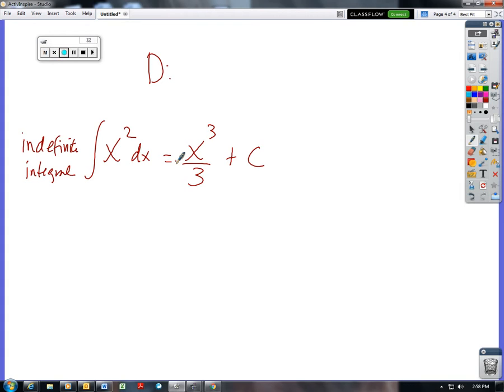Now in the book, they have this statement here. This is actually an indefinite integral. It doesn't really label it that way, but that's what it is.